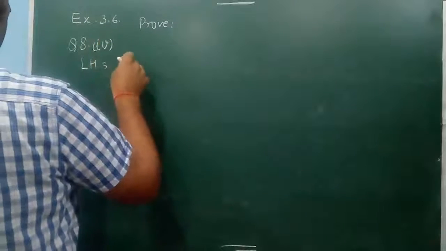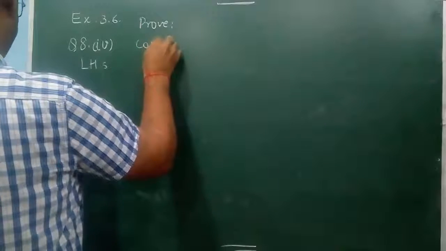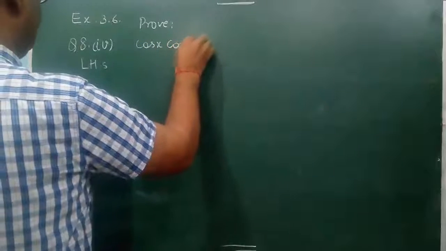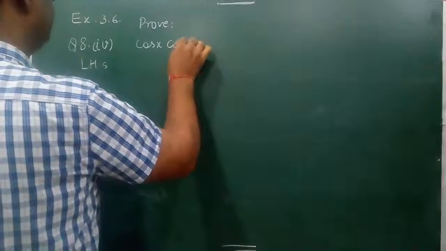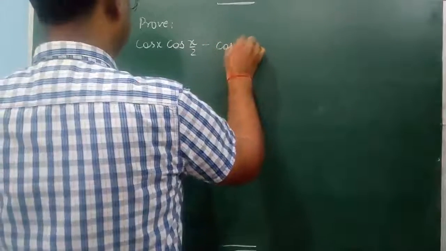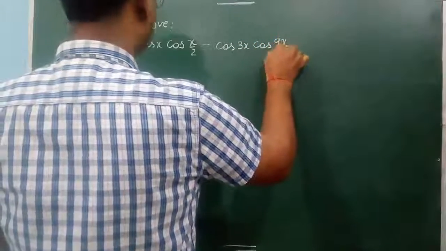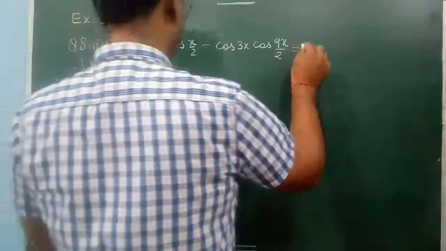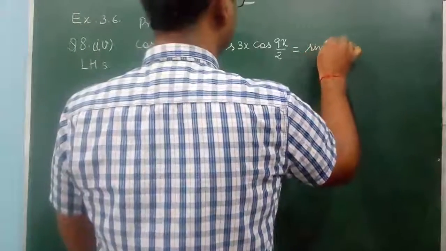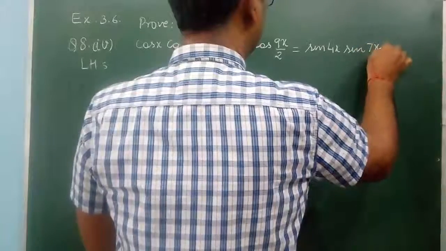The fourth part says cos x cos x by 2 minus cos 3x cos 9x by 2 is equal to sin 4x sin 7x by 2.